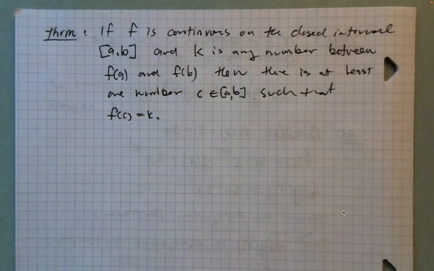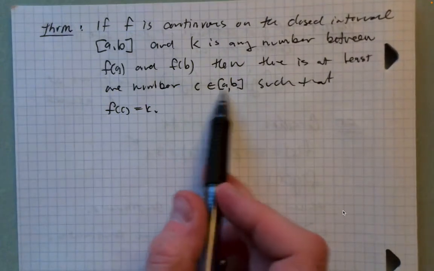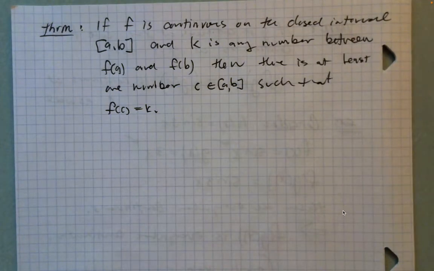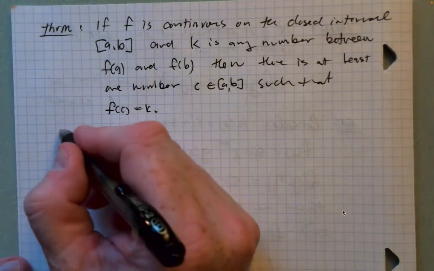So if f is continuous on the closed interval [a, b] and k is any number between f of a and f of b, then there's at least one number between a and b, namely c, such that f of c is equal to k. Now, this is actually really obvious if you draw a picture.